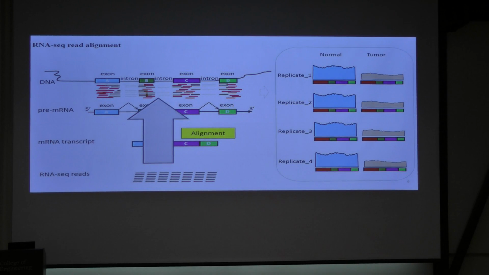We can even go further by comparing the estimated expression levels between two groups of samples, like normal and tumor samples, and get a list of differentially expressed genes between the two conditions.